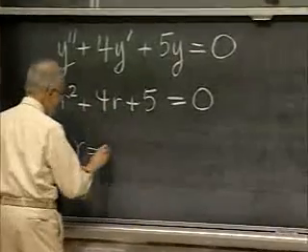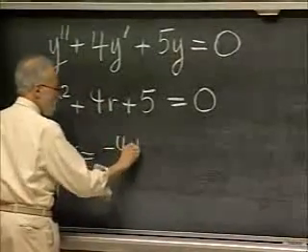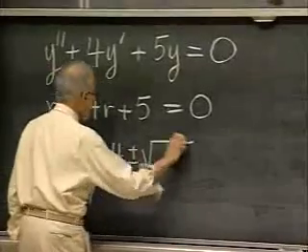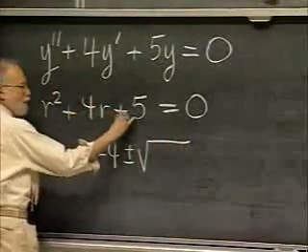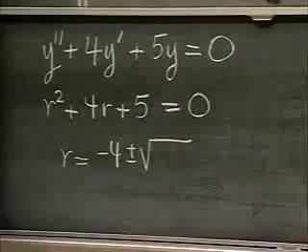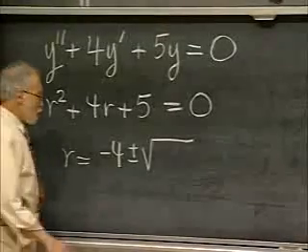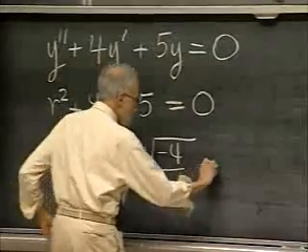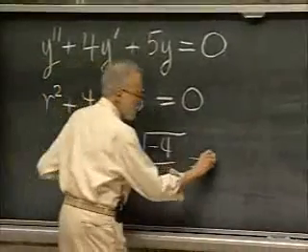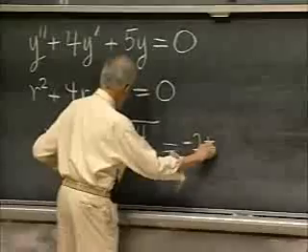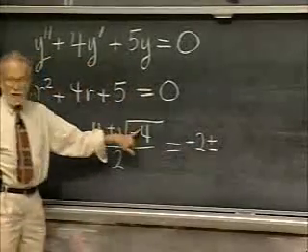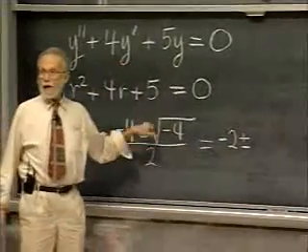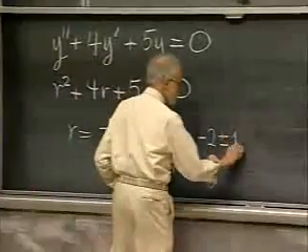Quadratic formula time: minus 4 plus or minus the square root of 16 minus 4 times 5. 16 minus 20 is negative 4, all over 2, and therefore that makes negative 2 plus or minus 2i divided by 2, which is i.